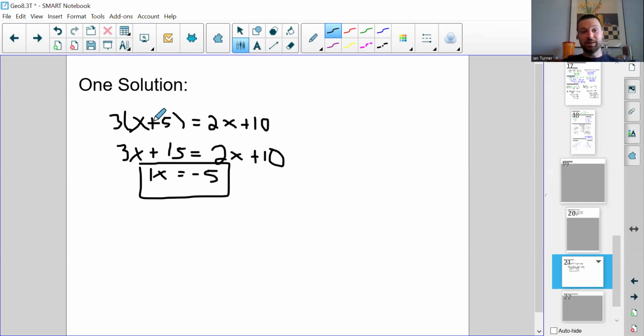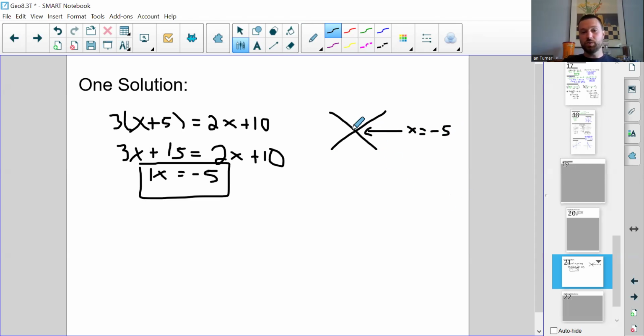In a linear equation without any squares, x squareds here, you're going to get one solution. And what's happening graphically is these are both linear equations. They're both lines, and they're both intersecting at x equals -5.